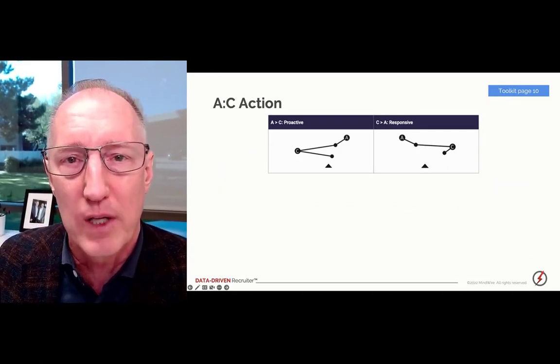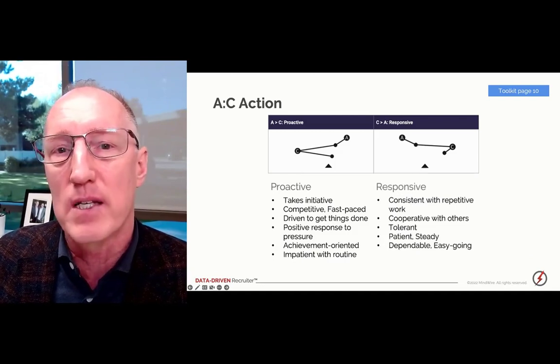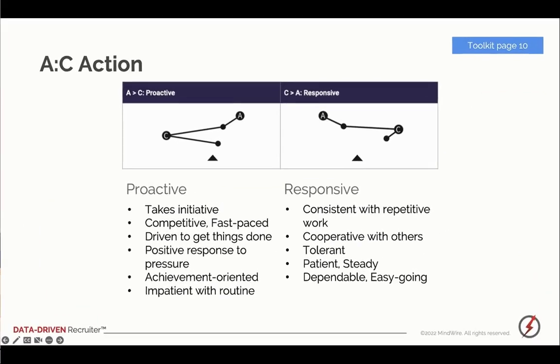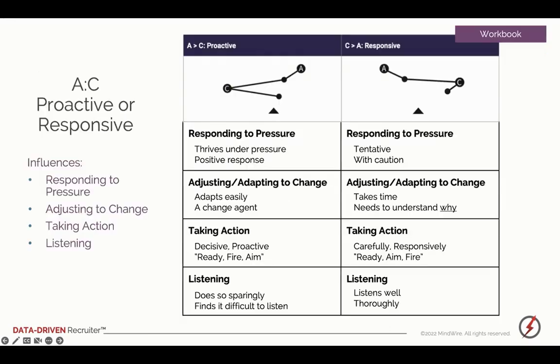In your toolkit, you have some definitions. For every one of these 6 factor combinations, it's going to show you both sides of the coin. In this case, we've got A over C, proactive or responsive. What does that mean? How much of what I see on this page I will see in the person depends on the width of that factor combination. The other place to go is your workbook.